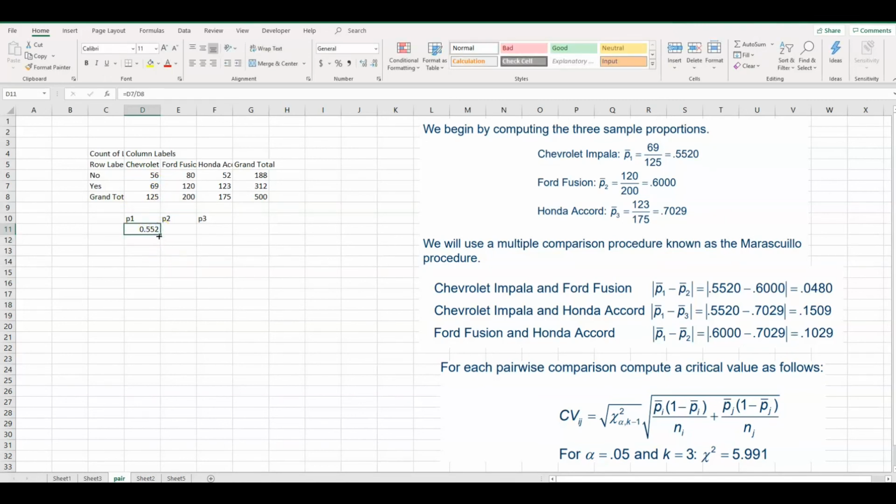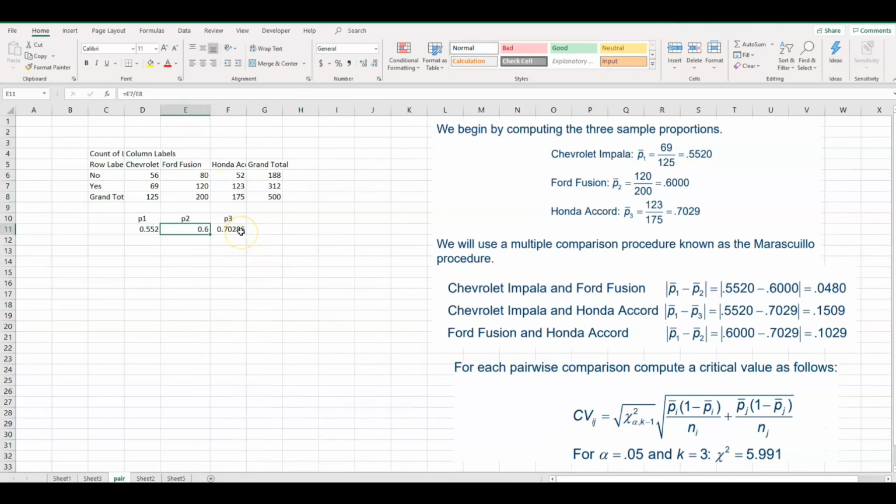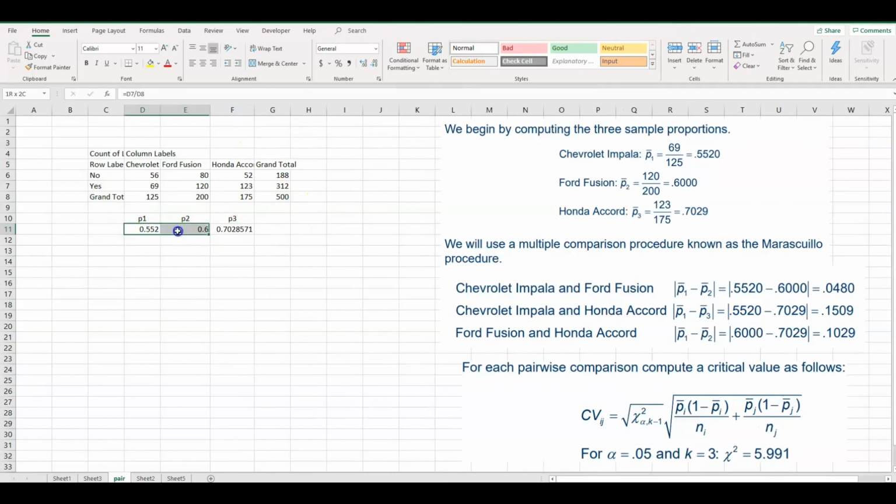I'm going to copy and paste. P1 is the proportion of people who purchase Chevy: 55% say yes, we are going to buy again, 60% for the Ford say yes, and 70% say yes, we are going to purchase. Our question is, are these two values the same, or are 55% and 70% the same?